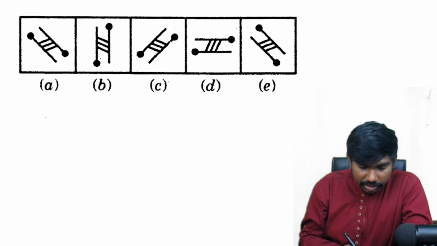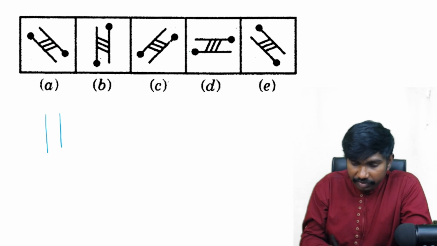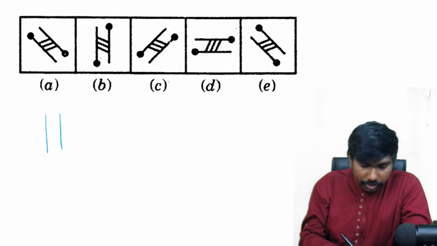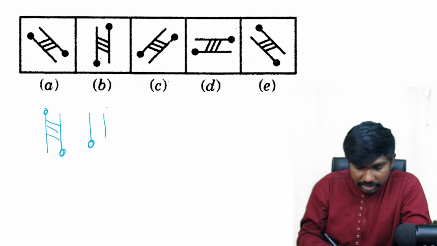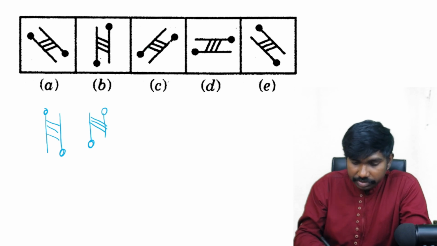So here 2 parallel lines are there, and I am aligning every figure in a vertical way. So here is the shaded circle and here another. These lines will be like this, and this one. Here is the circle, here is a circle, and the slanting lines are like this.